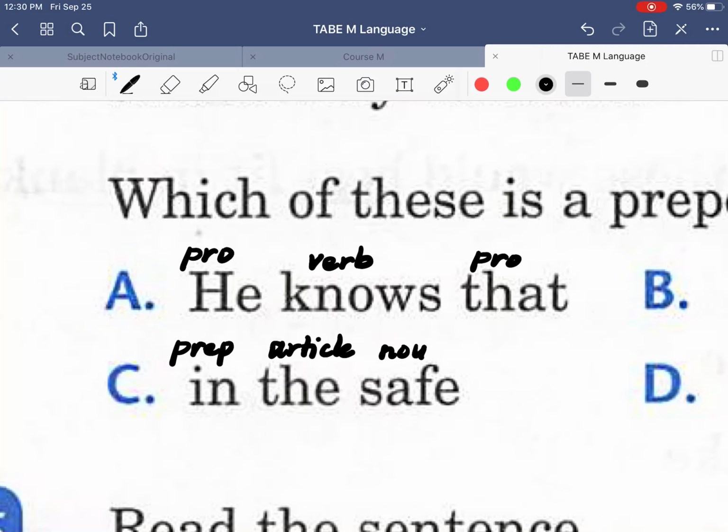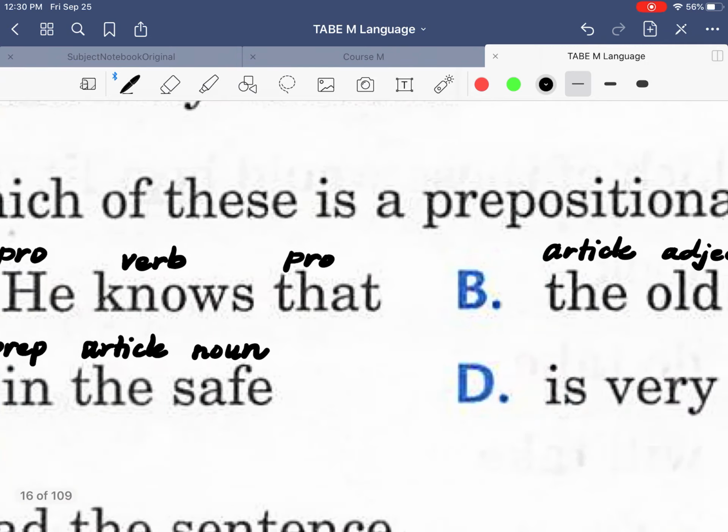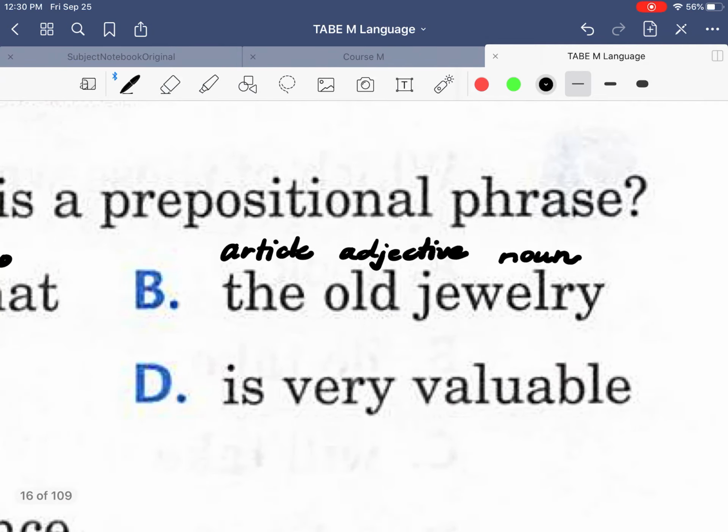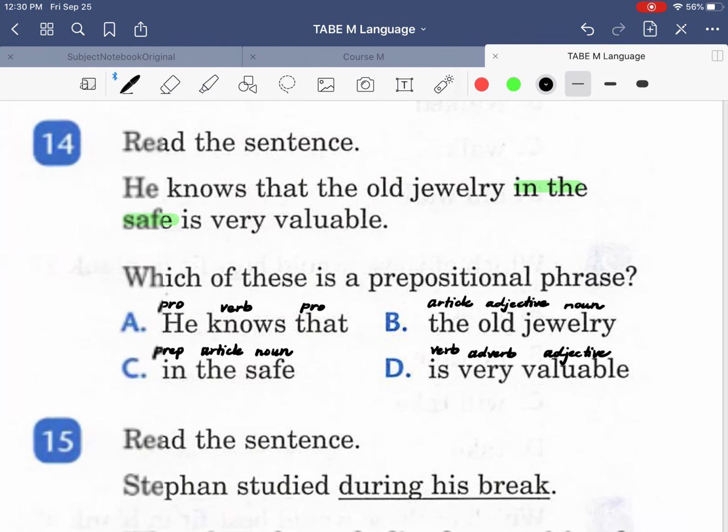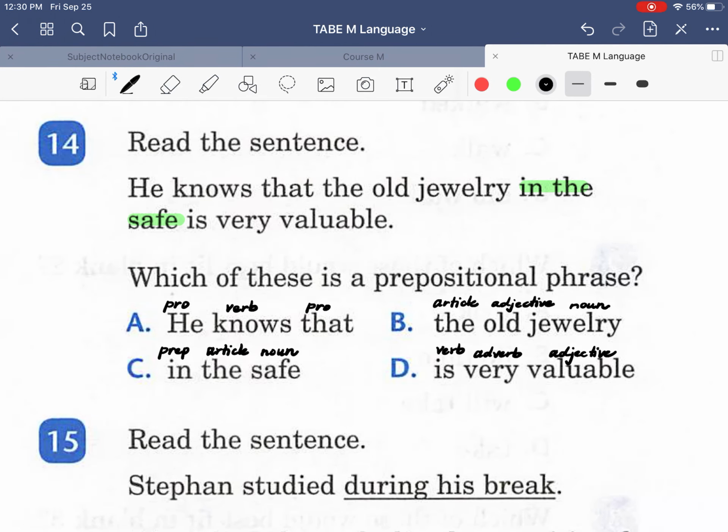There's that familiar pattern. And then is a verb. It's a linking verb. Very is an adverb. And valuable is an adjective. So the prepositional phrase is C. Again, where can a mouse go of these choices? It could go in the safe if it can get in there.